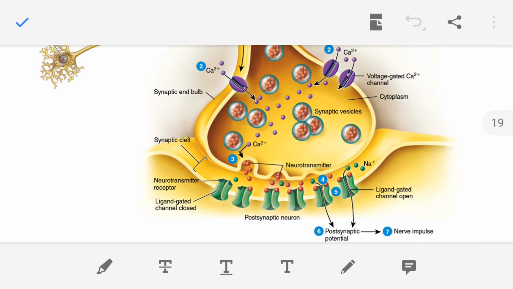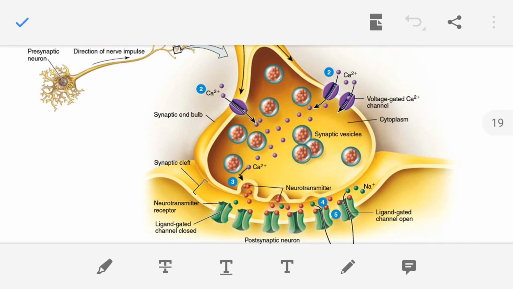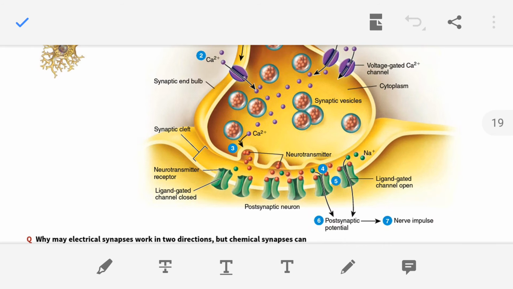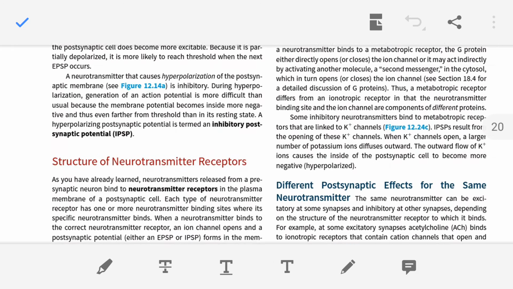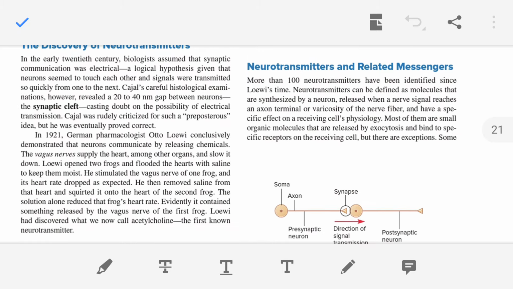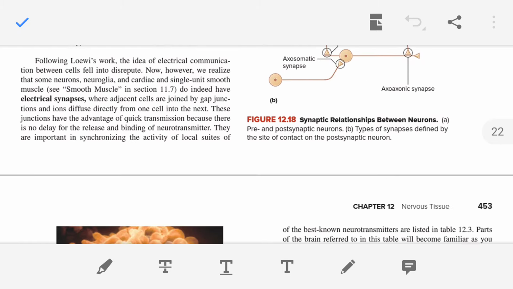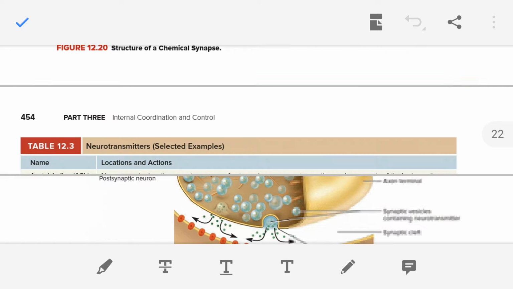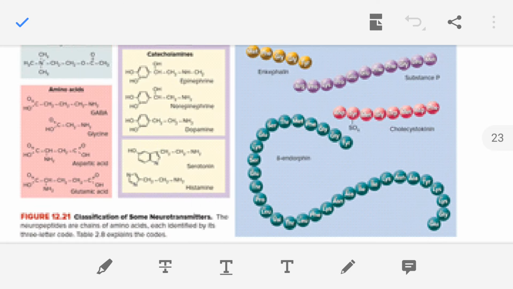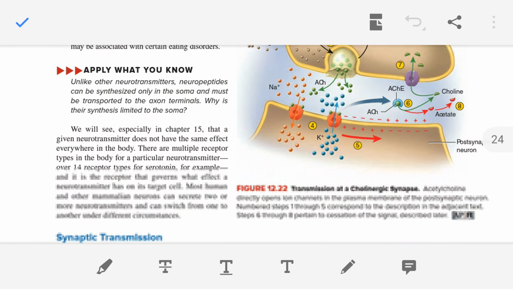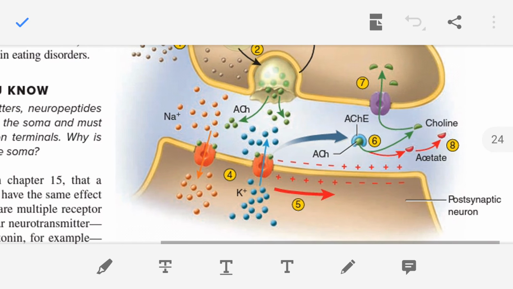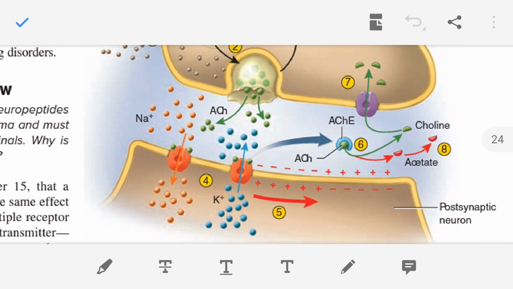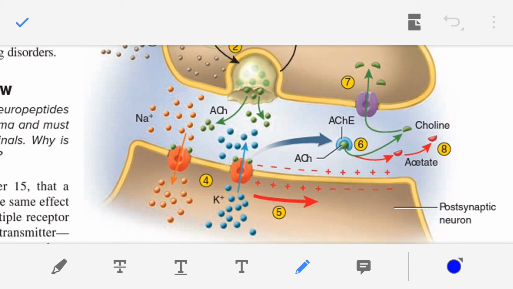So see, Na+ is entering. One more figure I am showing you. Here also you can see acetylcholine.